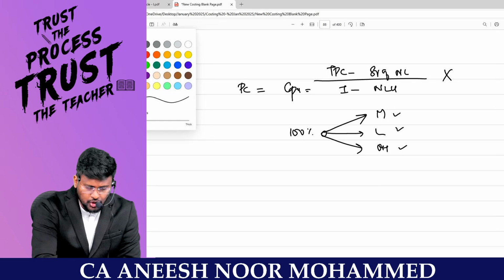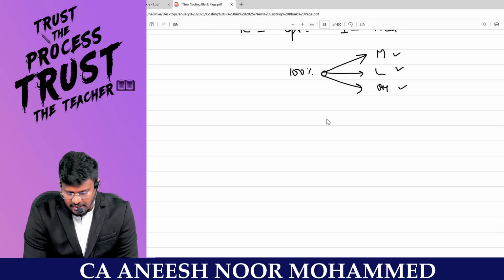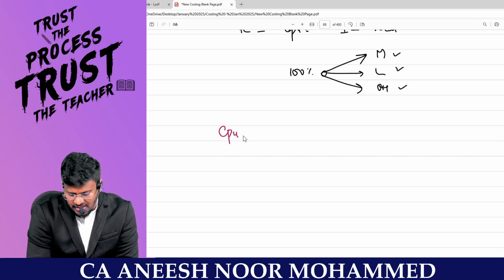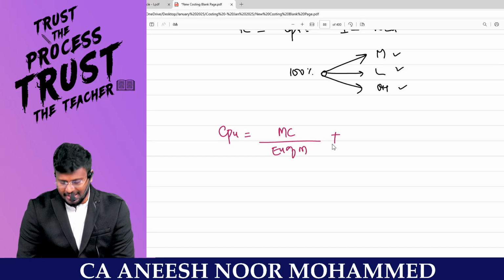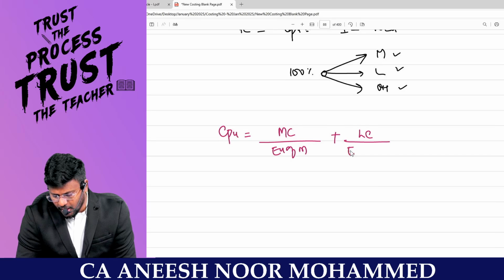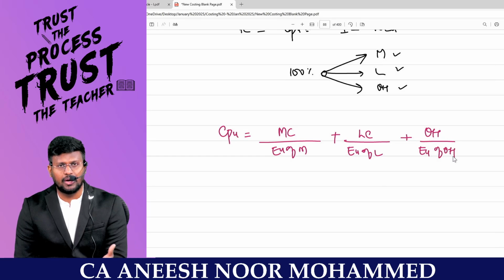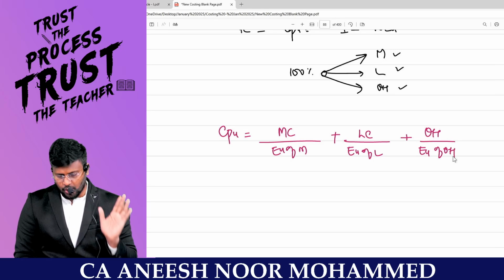The alternate formula is: cost per unit will be material cost divided by equivalent units of material, plus labor cost divided by equivalent units of labor, plus overhead divided by equivalent units of overhead. This will be the formula. That means we have to split the formula element of cost wise.